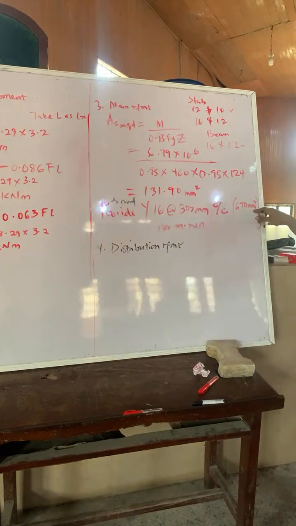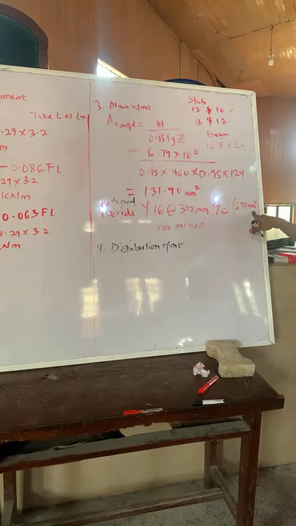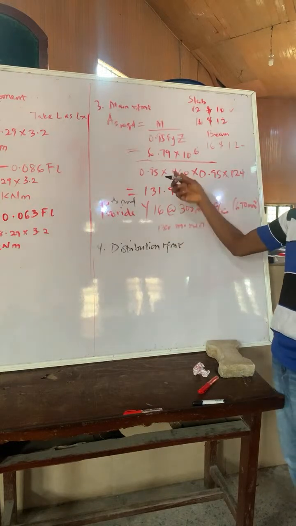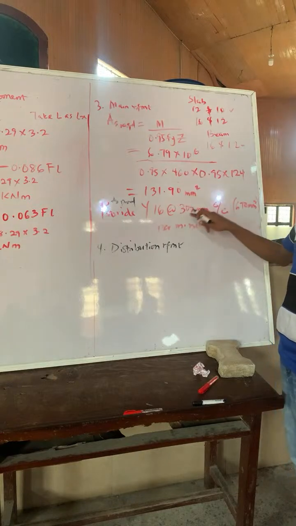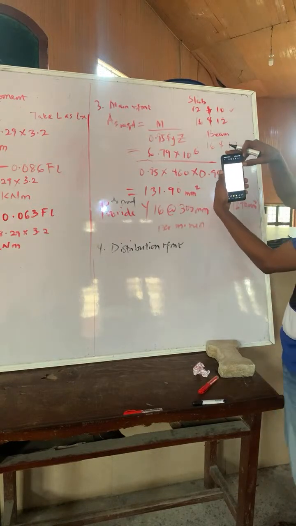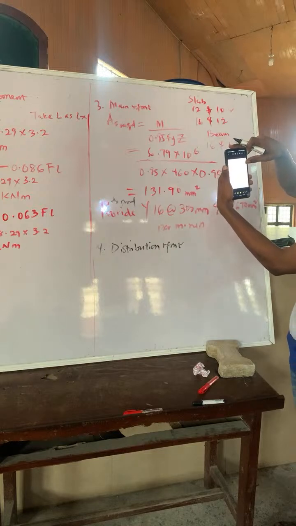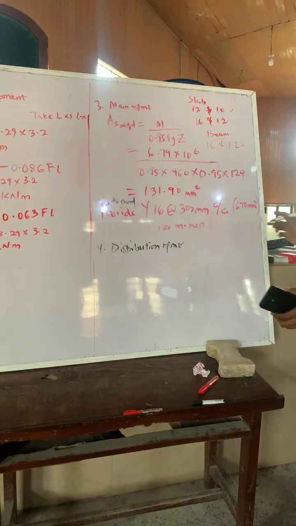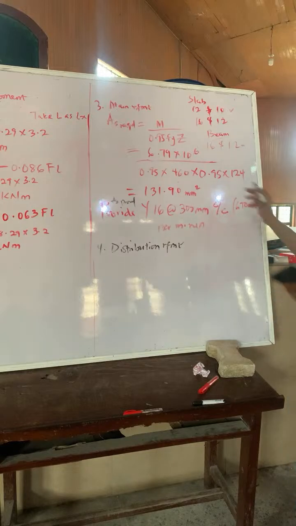And these are 16, or you can use 12, at 300. If you check your reinforcement table, the column where you are not calculating anything, you just use your reinforcement table, center to center.